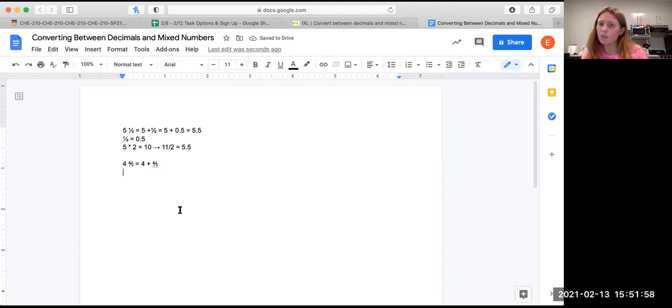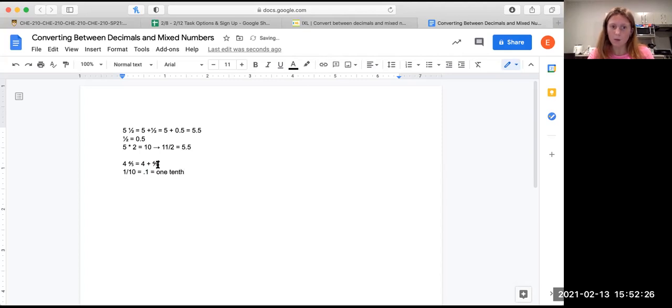I think a good way to do this one would be to write this in terms of tenths, because tenths, we know what those are going to be equal to as a decimal. For example, 1/10 is going to be equal to 0.1, and you probably even say it like that, 1/10.